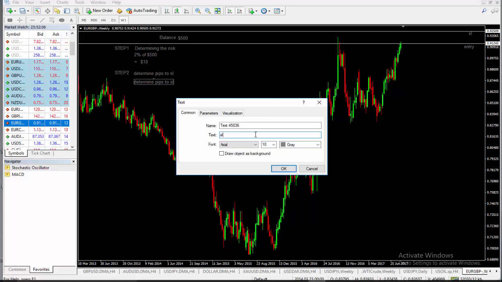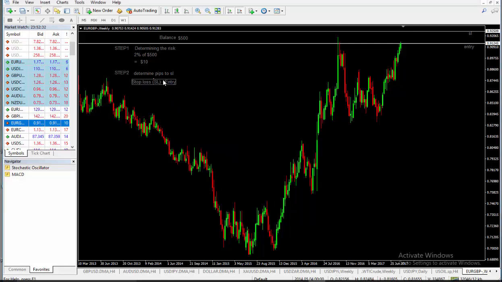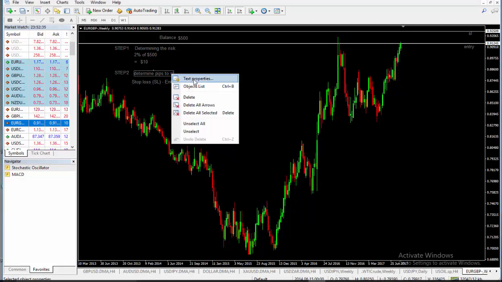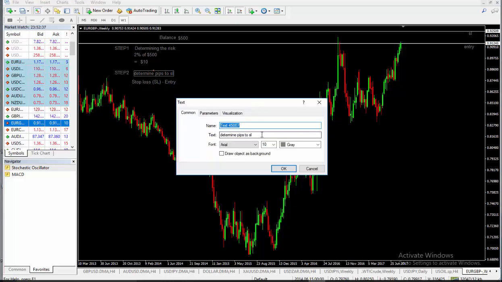We have to take that number, which is our stop loss number, subtracted by our entry. Sorry for that, guys. Let me just make it a bit clearer for you.